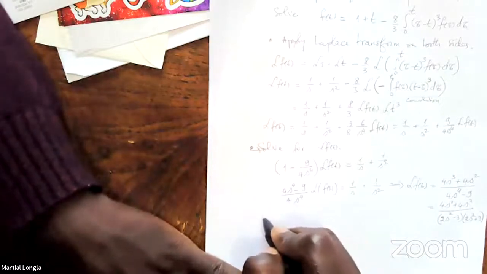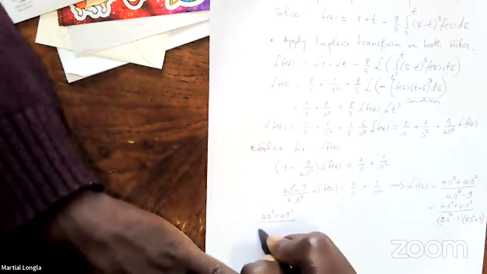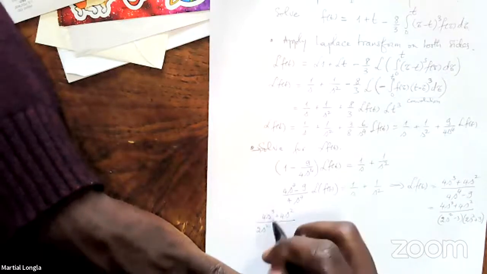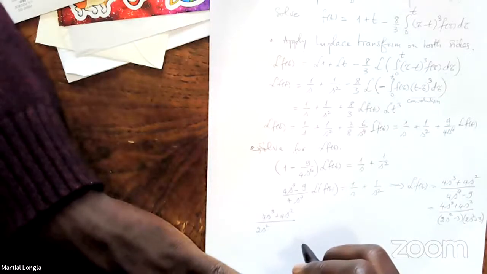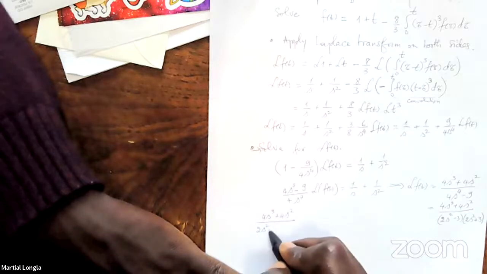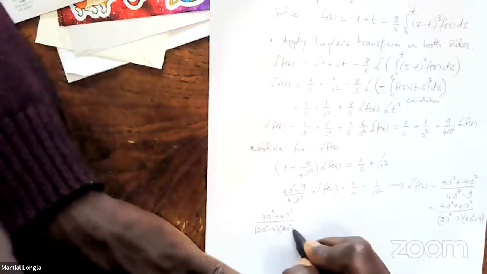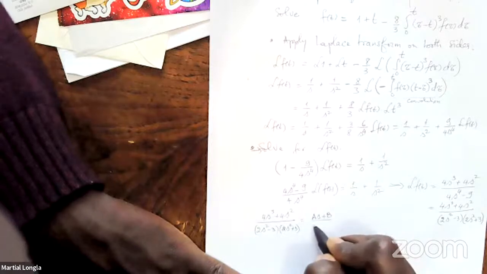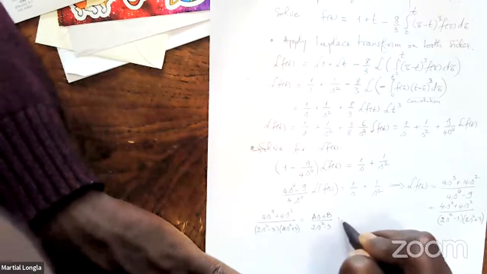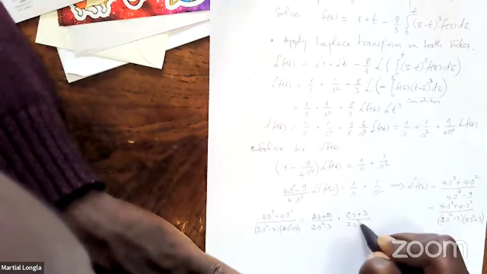So I'm going to say 4s cubed plus 4s squared over (2s squared minus 3)(2s squared plus 3) equals (as plus b) over (2s squared minus 3) plus (cs plus d) over (2s squared plus 3), and do the partial fractions.